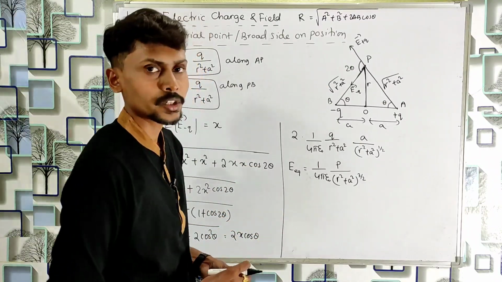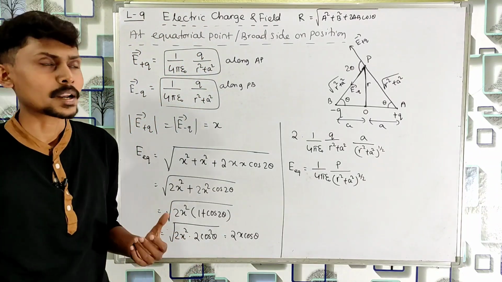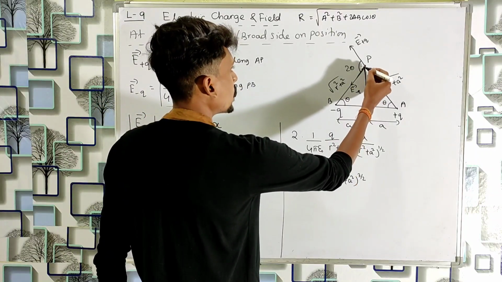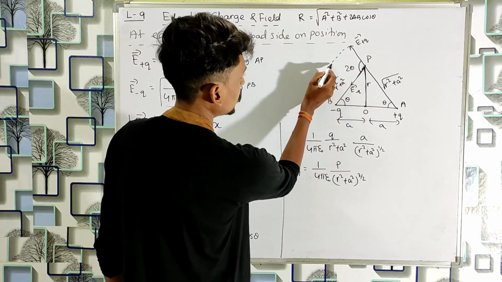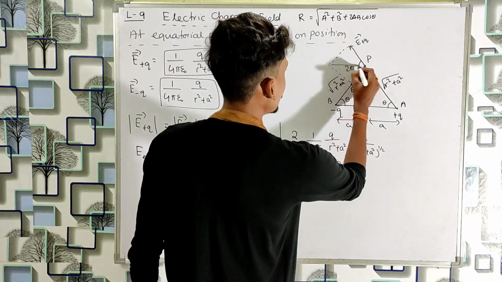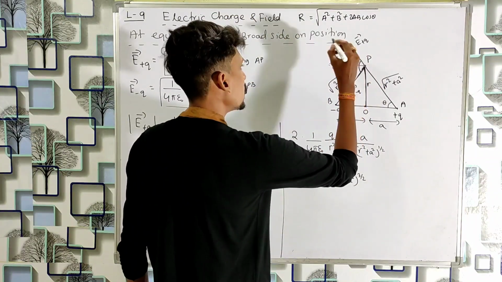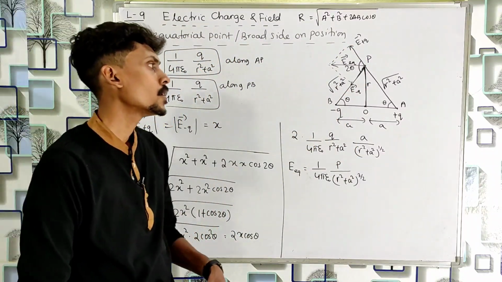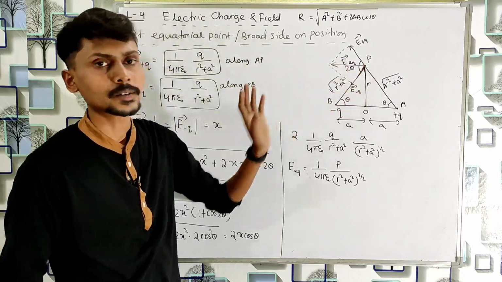And what will be the direction? We know that in class 11 we had discussed the parallelogram law of vector addition. So if we want to find the resultant of these two vectors, then we have to draw the parallelogram, and this common diagonal will represent the E equatorial, the resultant of these two electric fields.